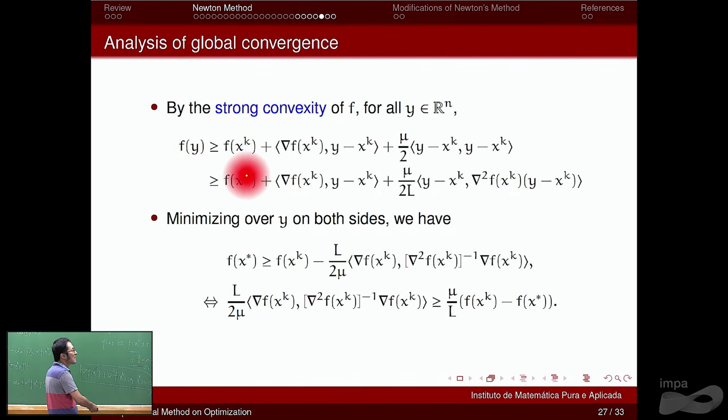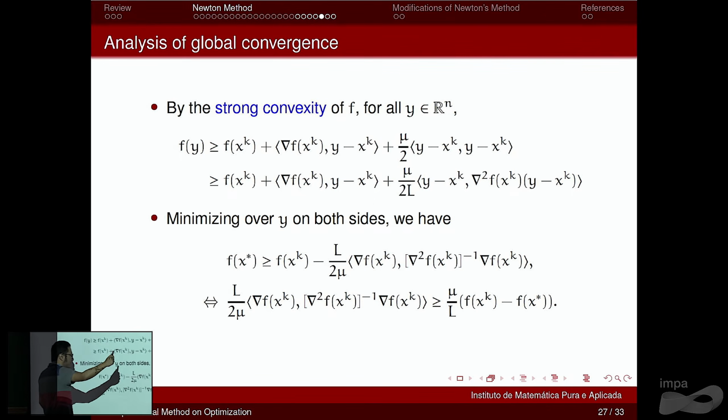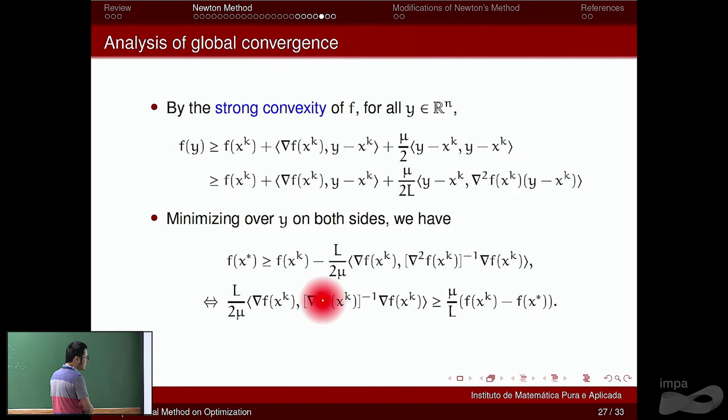And then we minimize the left side of this inequality. So we get f of x star on the left side, and on the right side you have this inequality. How do we get this part? It's just by taking the gradient of this part and letting it equal 0, solving for y, and then you get this. And this inequality is equivalent to this.